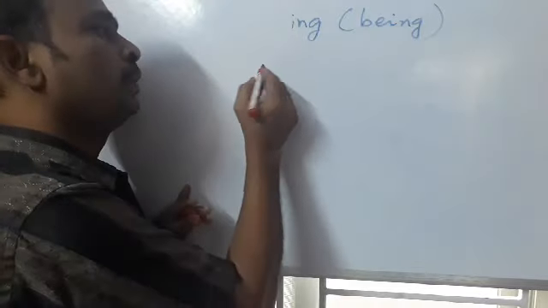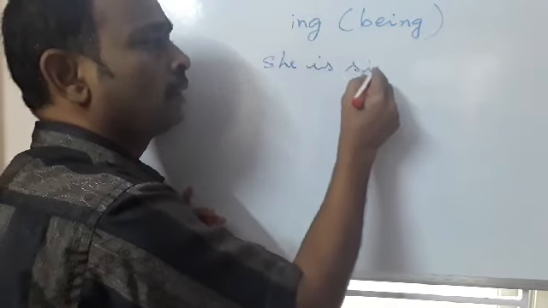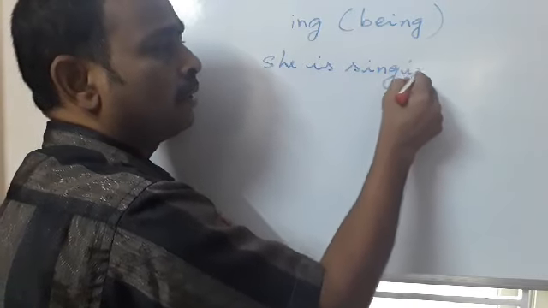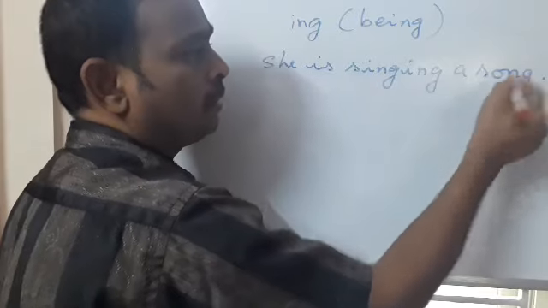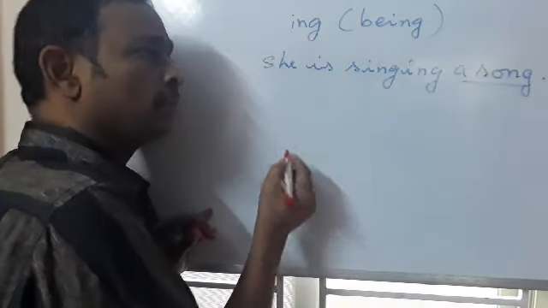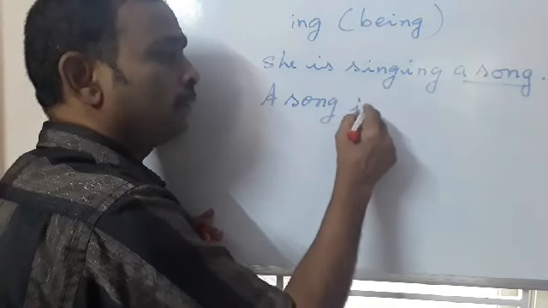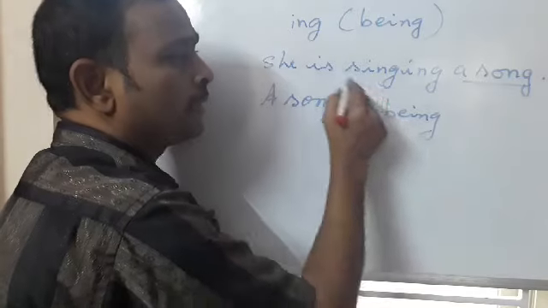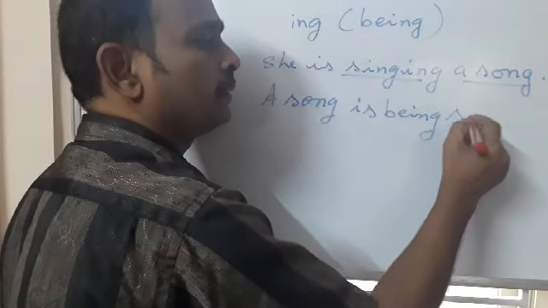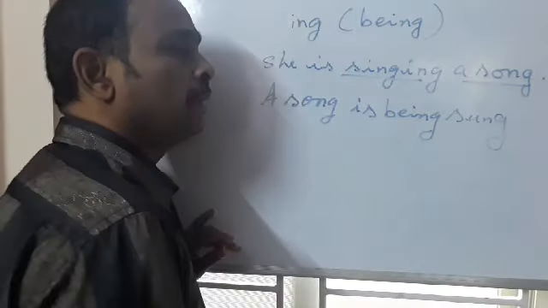So for example, she is singing a song. So here song is the object. So a song is being sung. Sing, sang, sung, being sung by her.